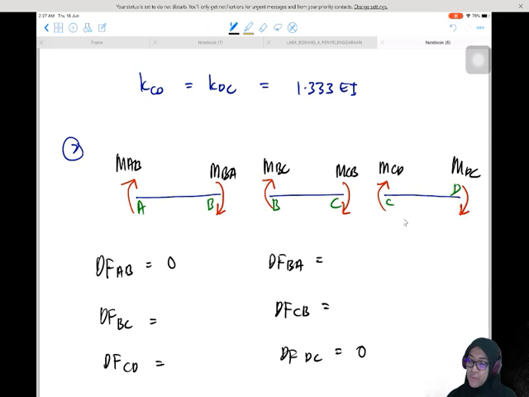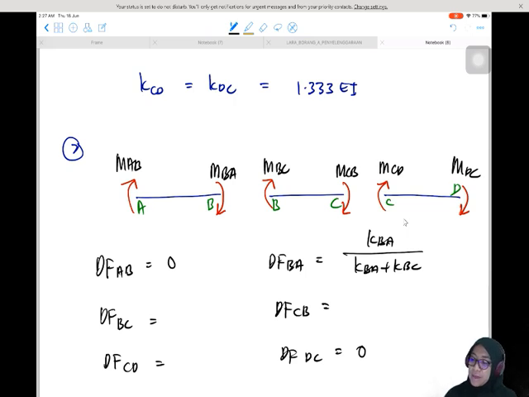Okay, so now we will calculate the rest. There are 4 remaining distribution factors. We will start with the distribution factor for BA. So the distribution factor for BA is equal to KBA divided by KBA plus KBC.